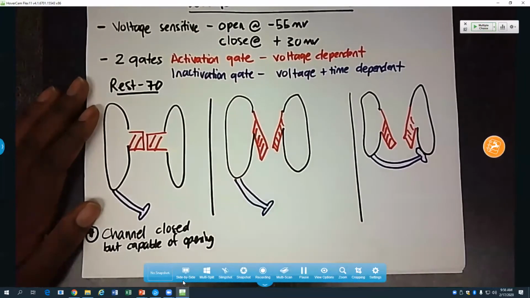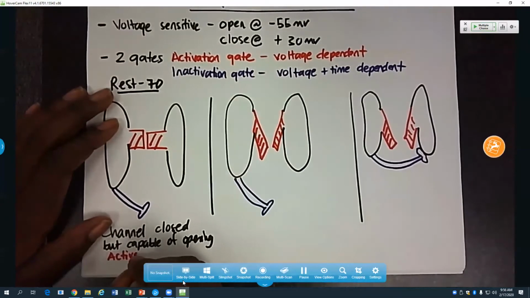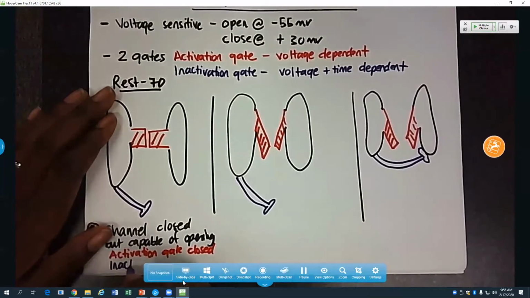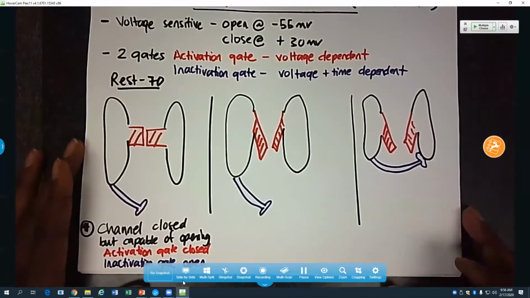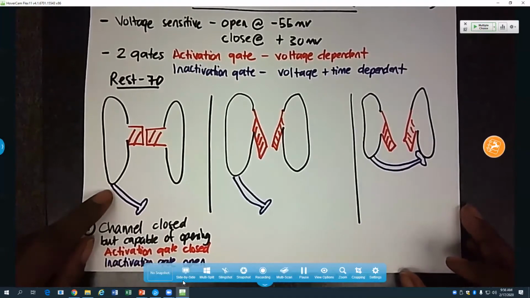And what we have is the activation gate closed, but the inactivation gate is open. And basically, the channel is capable of being open because the inactivation gate is open.